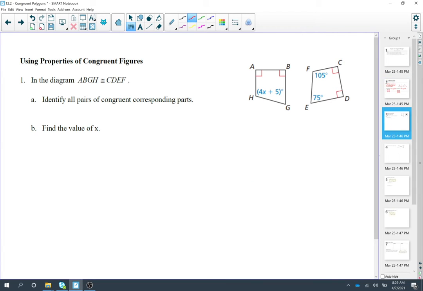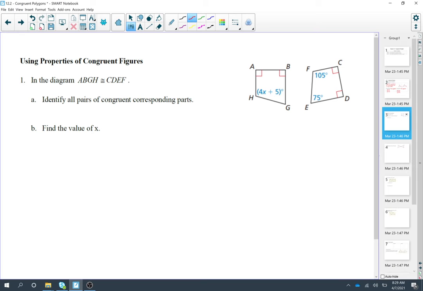Example 1, using properties of congruent figures. It tells us that in the diagram, quadrilateral ABGH is congruent to quadrilateral CDEF, which means somehow we took ABGH, we reflected it, rotated it, did something, and it became figure CDEF.